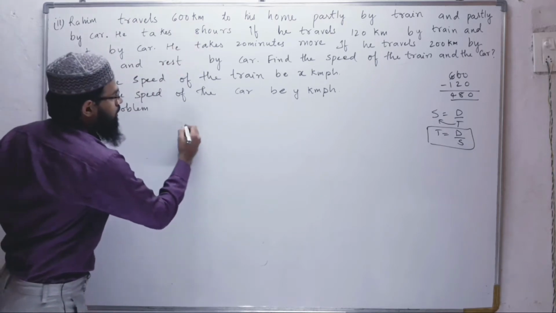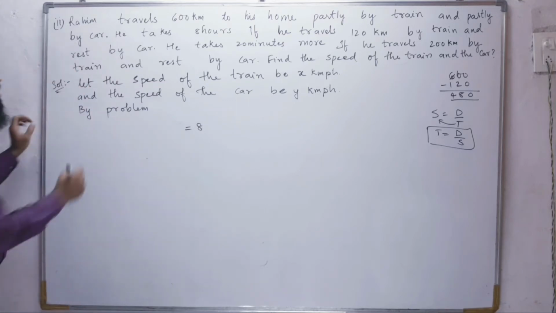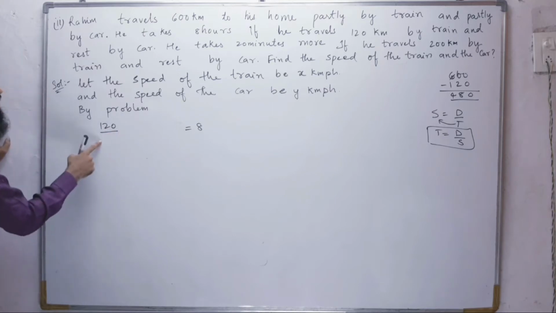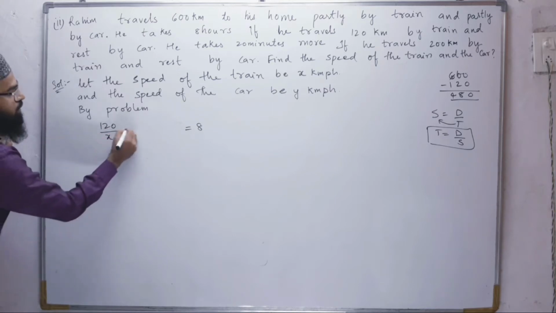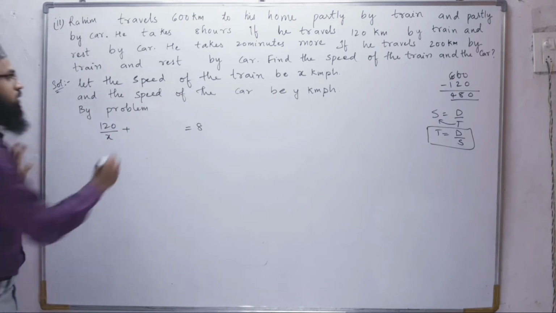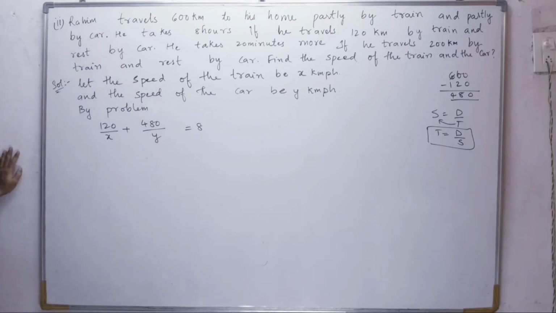So we are going to write 8. Next, the distance by train is 120 km and the speed of the train is x, plus the distance by car, 480 km, by y. This is our first equation.